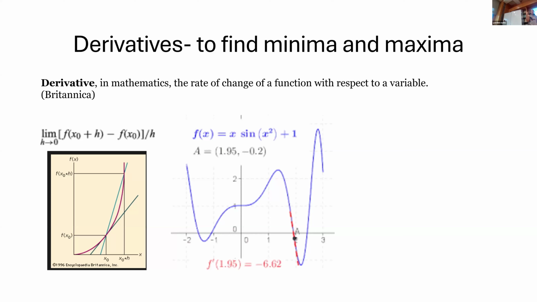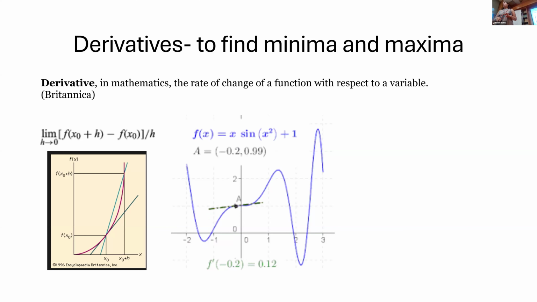If the second derivative at this point equals 0, it's neither minima nor maxima. If it's positive, we are at a minima. And if it is negative, we are at a maximum.